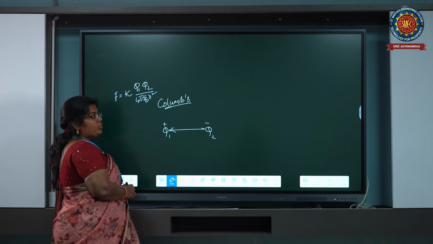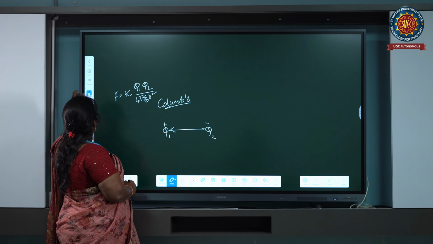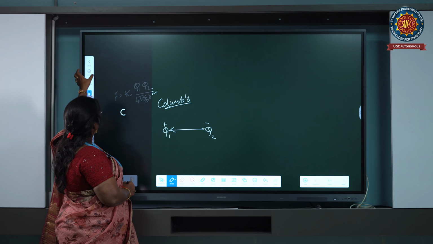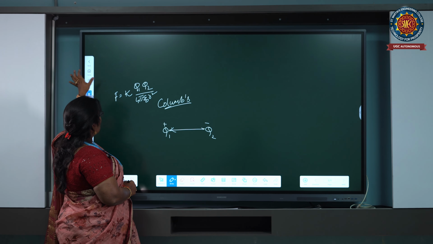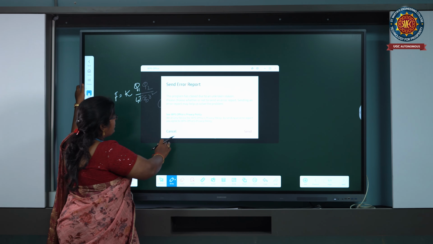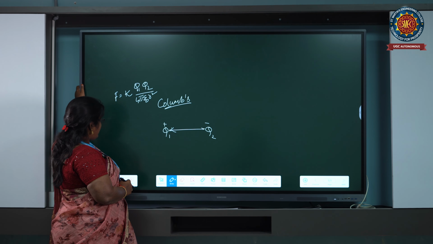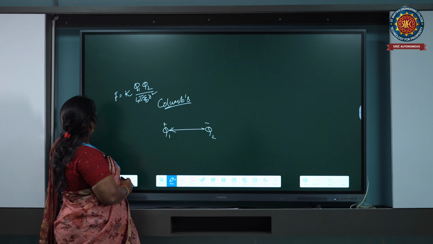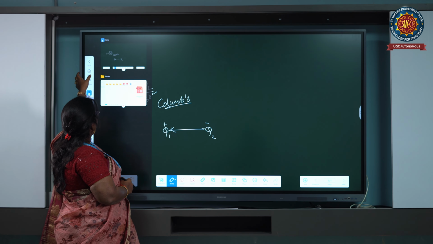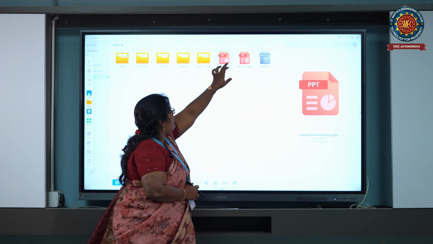The statement between 2 point charges, whether it may be repulsion or attraction, can occur either from positive to positive, negative to negative, or negative to positive. These different types of charge particles act according to Coulomb's law of force.